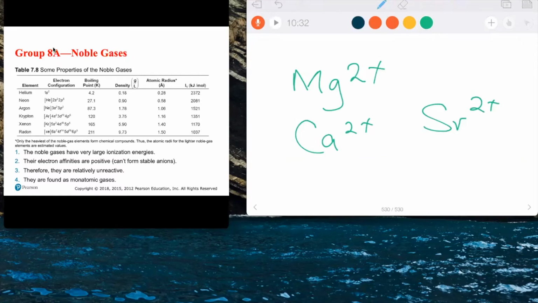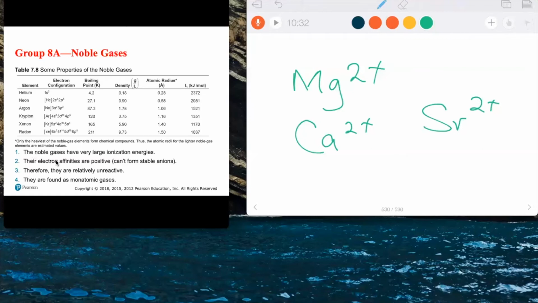Even though we say that group 8 have 8 valence electrons, helium is the only exception. If I look at this, there was a typo here. Please take note of argon, that this is 3s2, 3p6, not 3p2. If you look at krypton as well, 4s2 and 4p6, 8 electrons in the outermost shell.